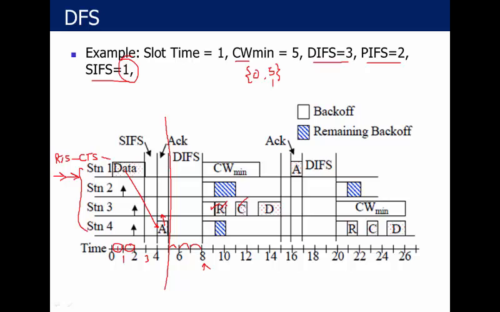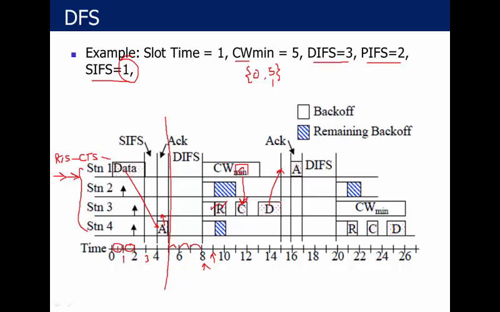So this one has a shorter waiting time. So what it does is that it can send RTS and CTS. CTS should come from here, right? So CTS received, and then data is sending.